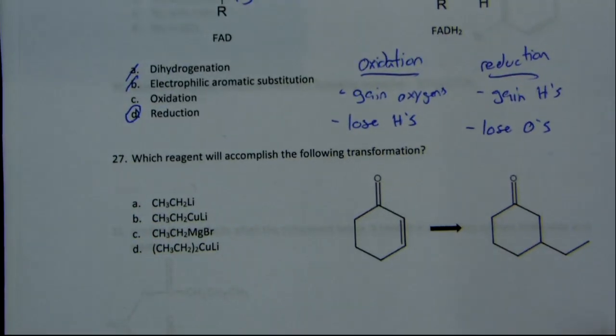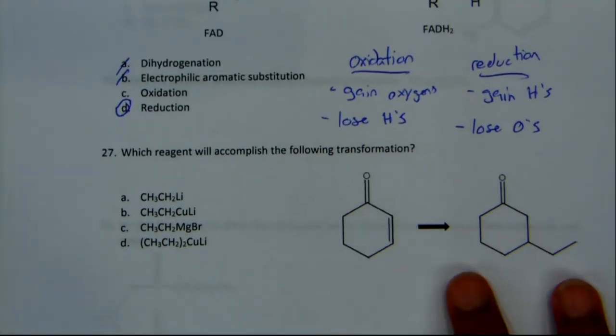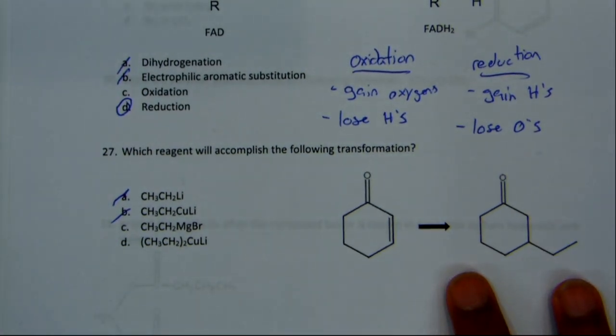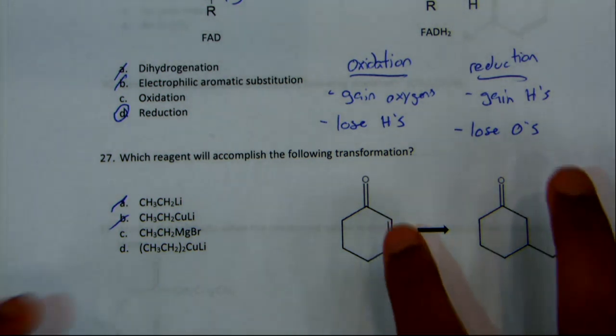Okay, so now let's look at 27. Which reagent will accomplish the following transformation? Just looking at it, I don't know what these are. So I don't think we did anything with that stuff. Between Grignard and the copper something something, which one is a stronger reagent? Grignard, right? So where do you think that's going to react?